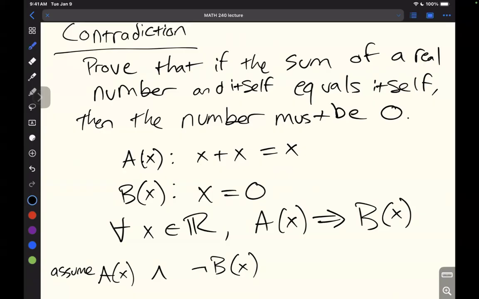We can try small numbers. 1 is a real number. 1 plus 1 is 2, which isn't 1. -1 plus -1 is -2, so not -1. It says real numbers, so if we chose a rational number like 1/2, 1/2 plus 1/2 is 1.